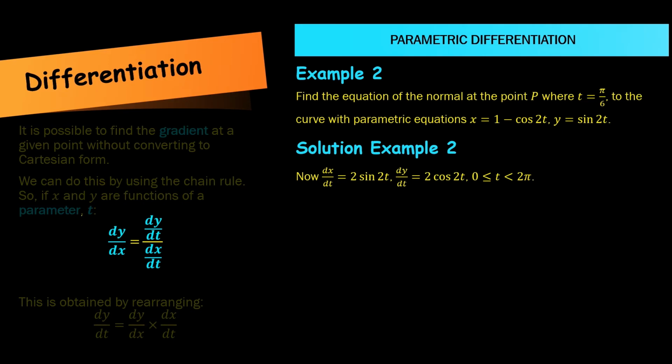So again, we're going to use the formula highlighted, and for this we need to find dx/dt and dy/dt. Differentiating x with respect to t gives us 2 sin 2t, and differentiating y with respect to t gives us 2 cos 2t.